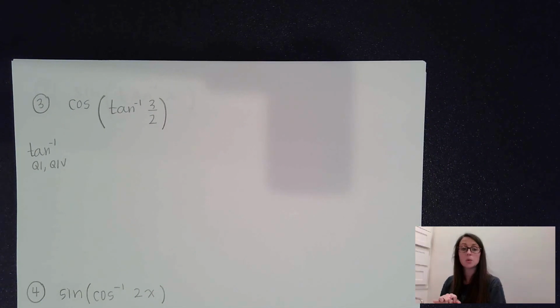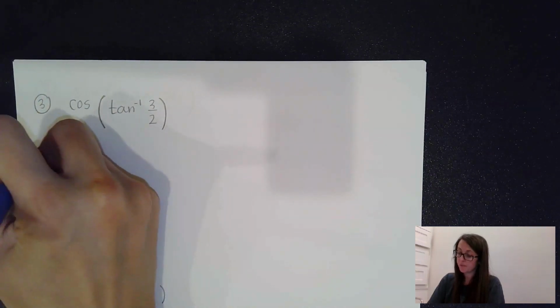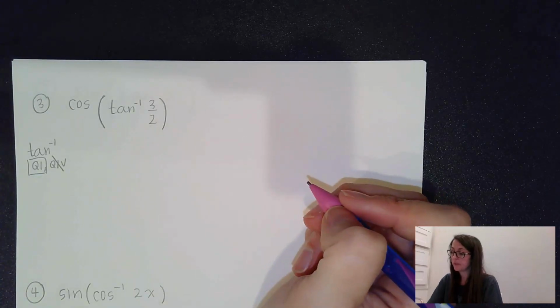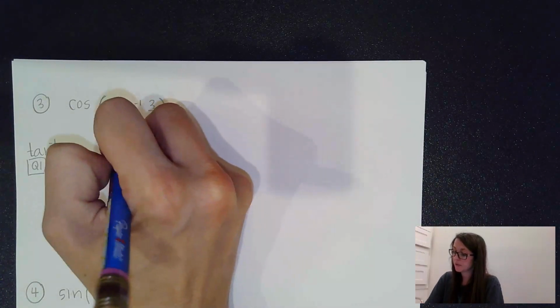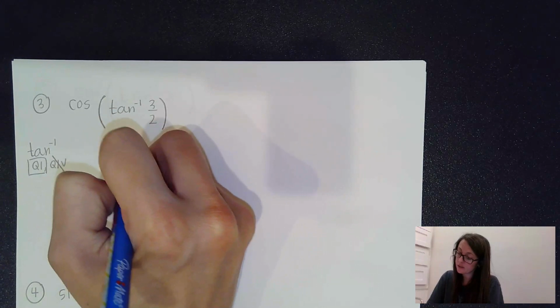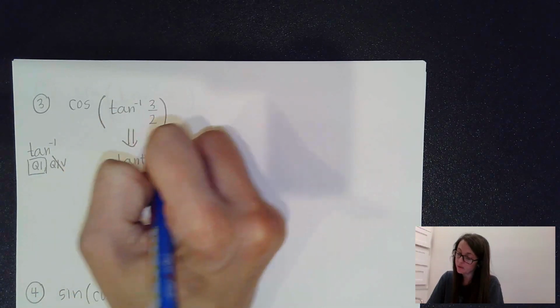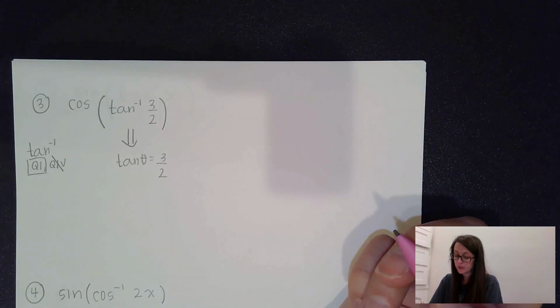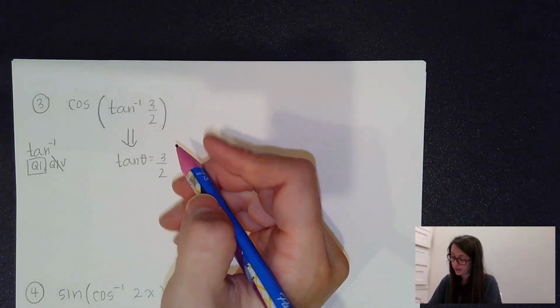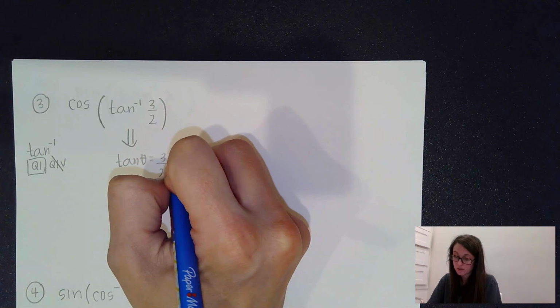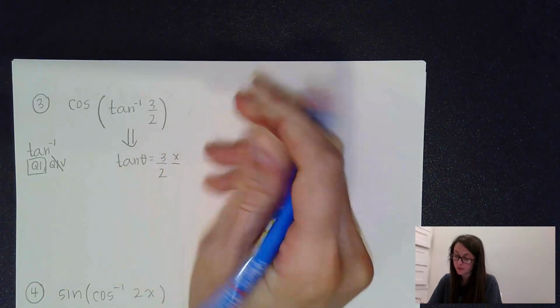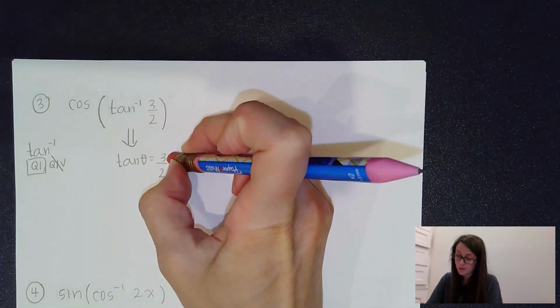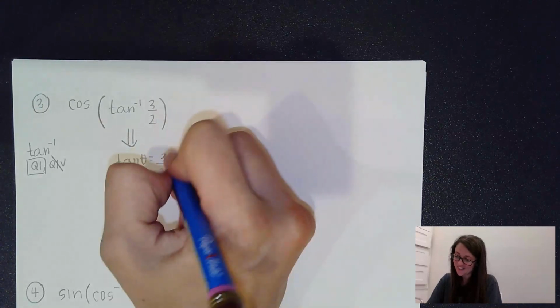It's only positive in quadrant 1. Okay, so this is saying that tangent of some angle is going to be the ratio 3/2. So what is tangent? Okay, tangent is y over x.